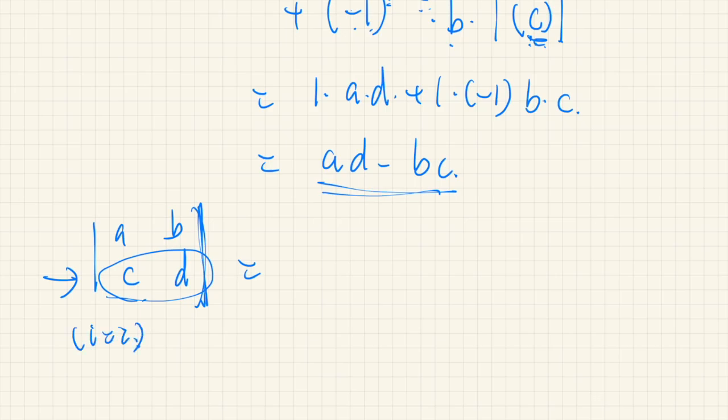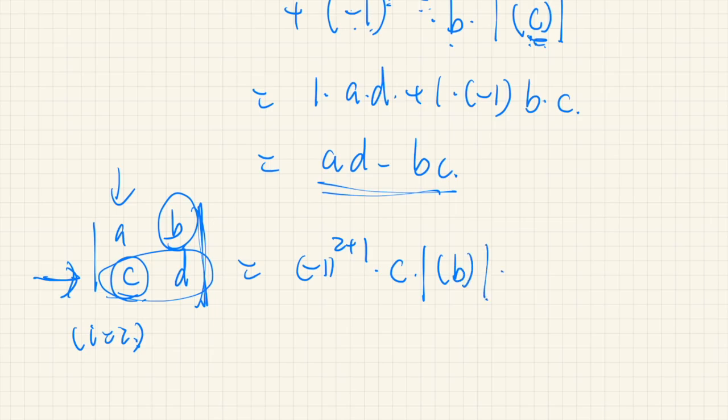Negative 1 to the power of 2 plus 1, let's pick j equal to 1, and the 2, 1 element is C. If we remove the second row and the first column, the remaining matrix is made of B.